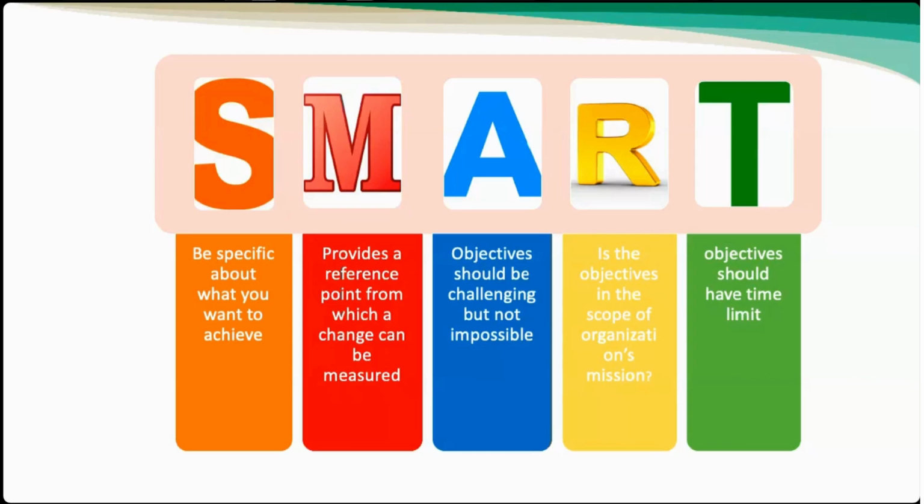And the last and important part is that it should be timed. There should be a time limit. So for the infection control annual plan, the time limit is annual, so we should update it on an annual basis.